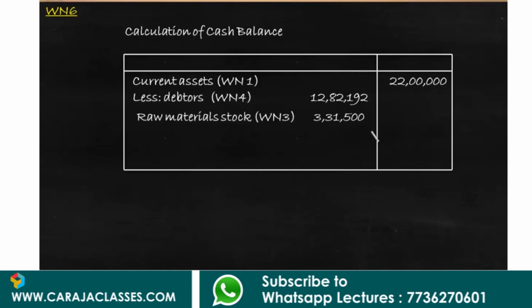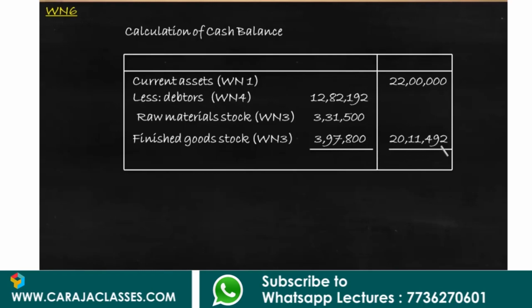We have calculated finished goods stock also in working note 3, which is 3,97,800. So all these are part of current assets, but they don't make up 22 lakh. They make up only 20,11,492. So what is the difference? The difference can be called cash balance, which is 1,88,508. So we have found the cash balance now.